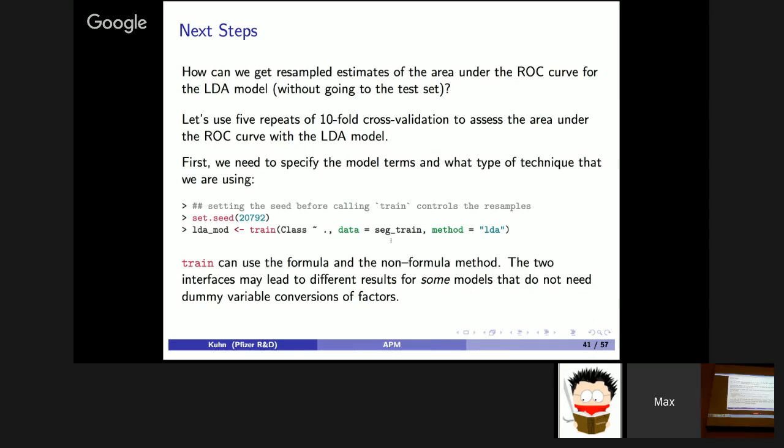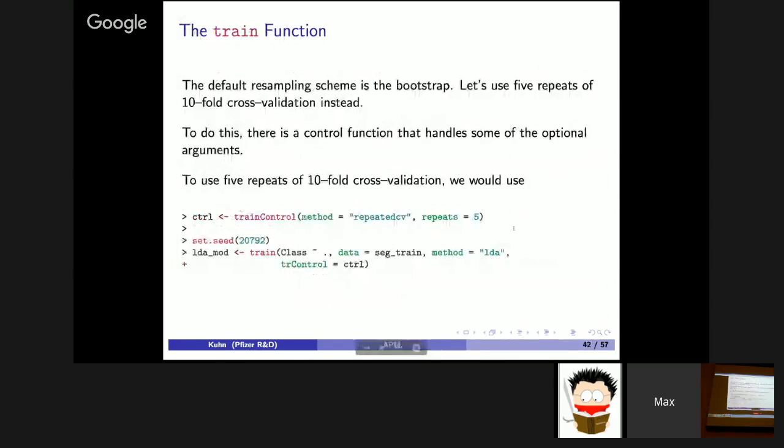But the basic syntax is you tell it what you're modeling and where the data is, and then you tell it what method to use. So we're going to fit an LDA model, and the method for LDA is a character string called "lda", which maybe isn't surprising. That's basically the minimum syntax you could use. But the default resampling scheme uses the bootstrap, and let's say I want to use repeats of tenfold cross-validation.